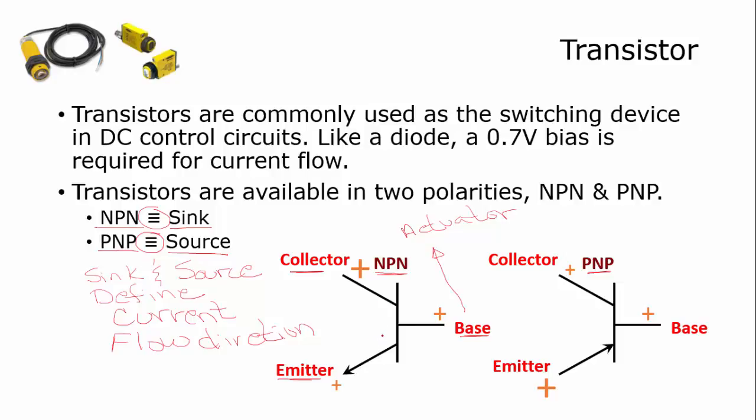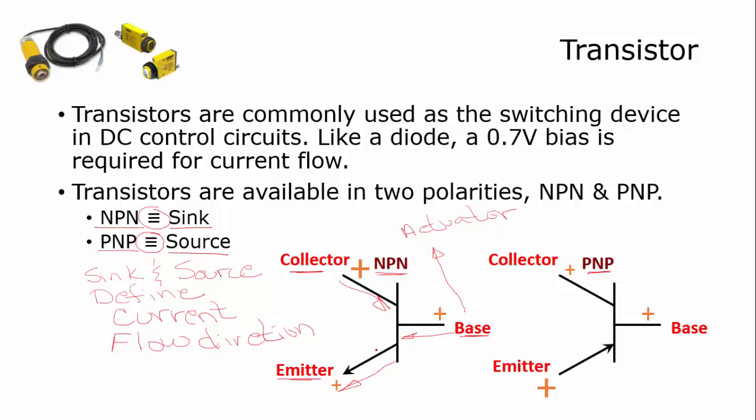Now there's no physical disconnect. It's just turning the electron flow off or turning the current flow off between the collector and the emitter. So when you look at the current flow, the arrows here on the emitter point in the direction of current flow. So I've got current flowing out of the emitter, I've got it flowing into the collector, and it's flowing into the base. This requires 0.7 volts.